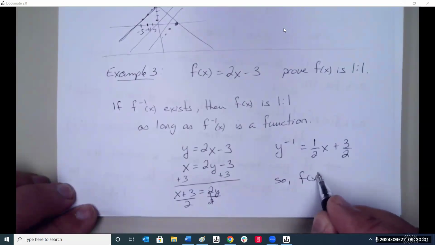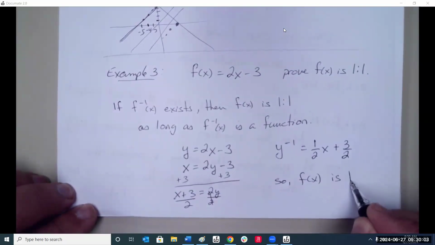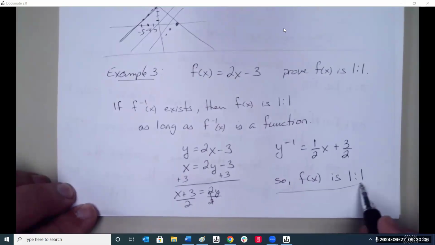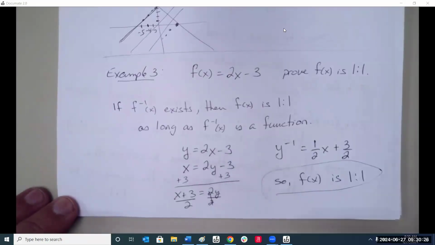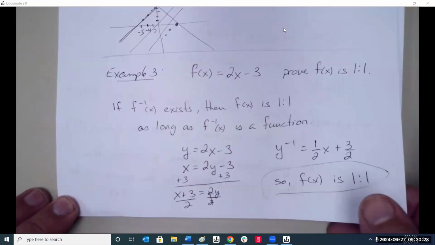So f of x is 1 to 1. So basically all linear equations have inverses.